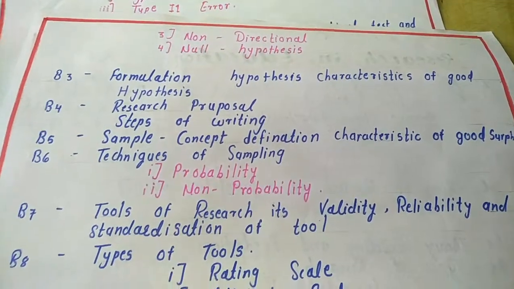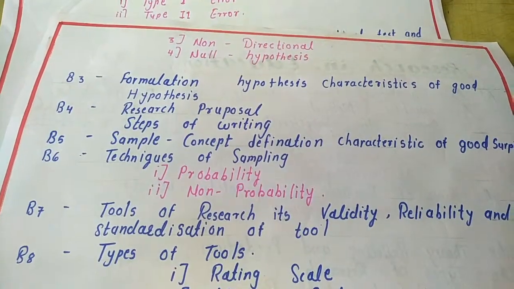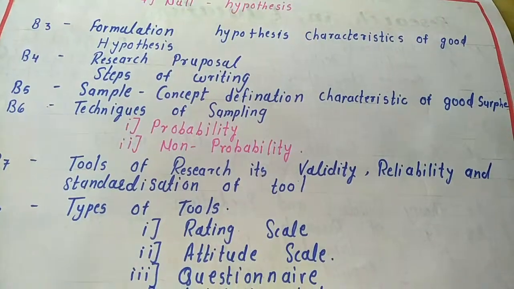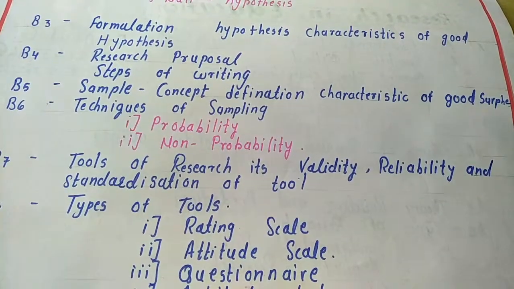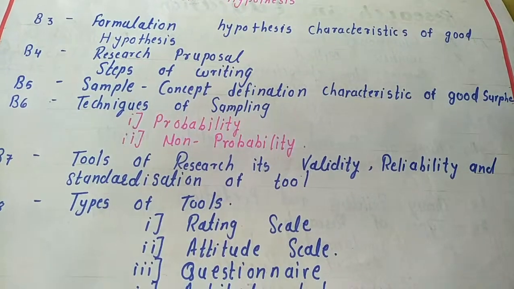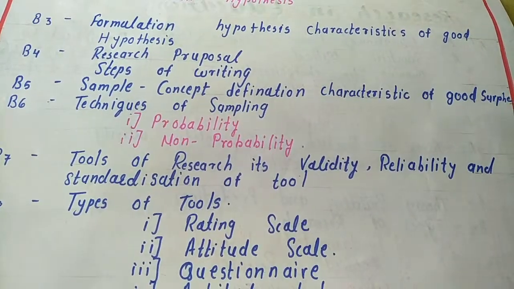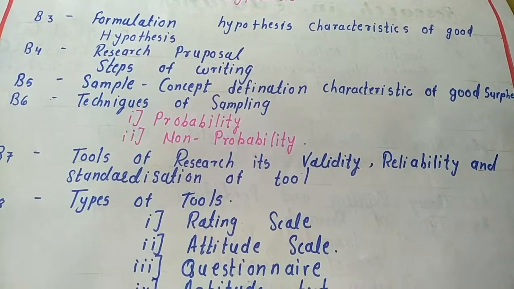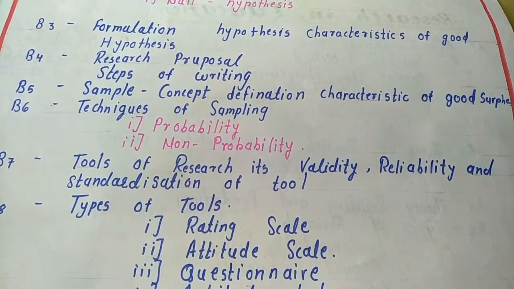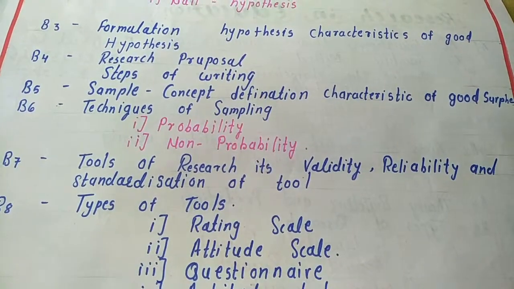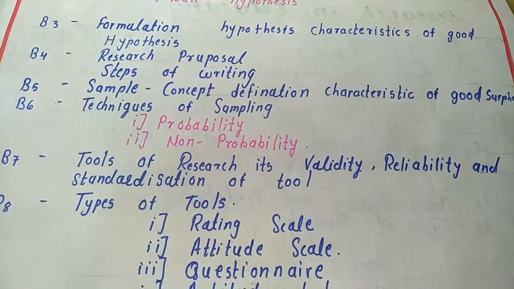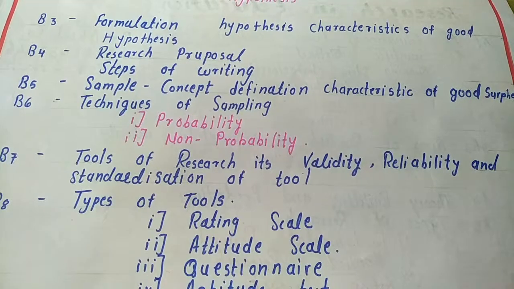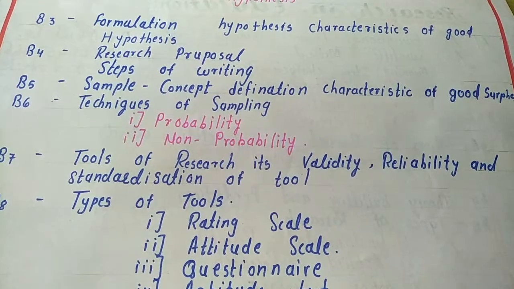steps of research proposal. Friends, you have to prepare notes on only steps. If you get information on steps, then you can definitely solve questions related to steps of a research proposal. Then sample: research population and sample, concept, definition, characteristics of good sample.